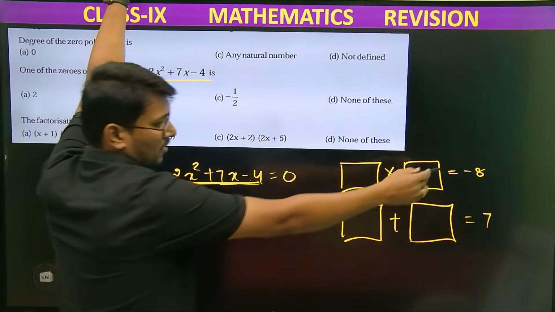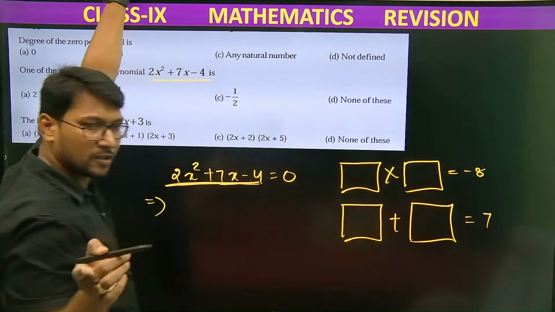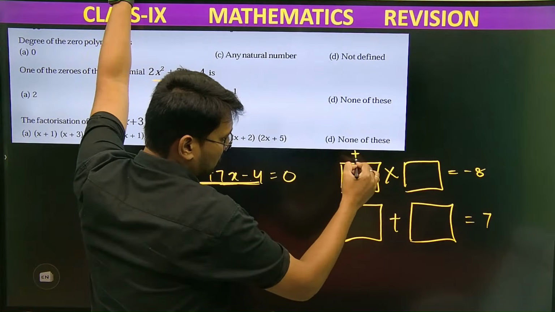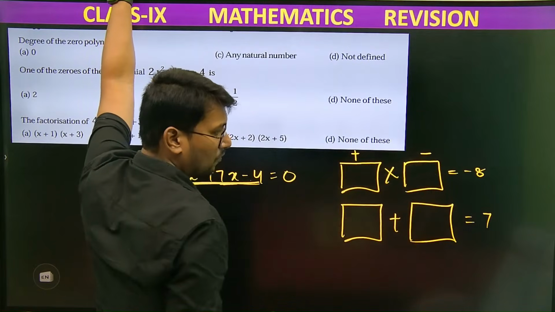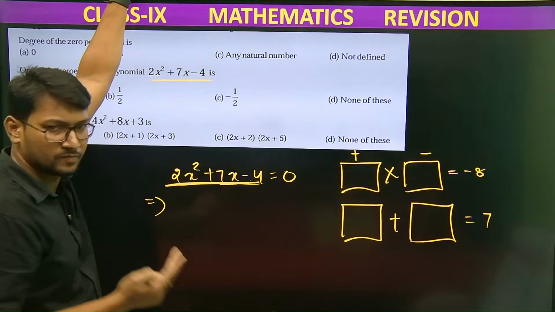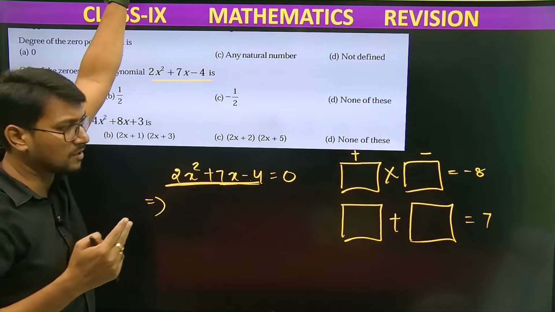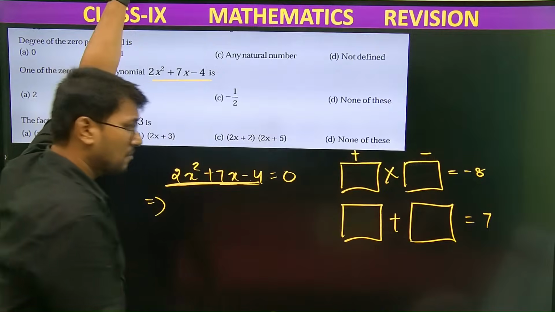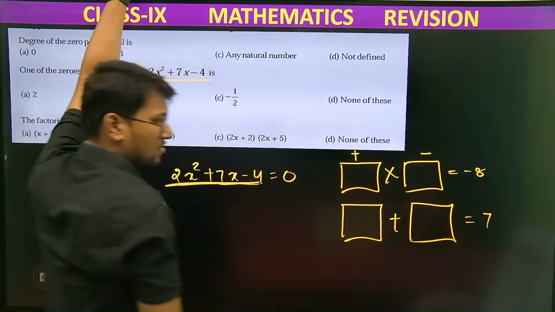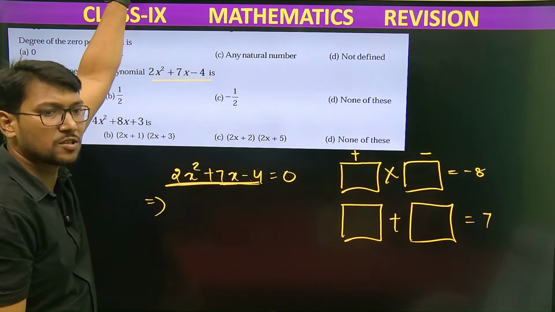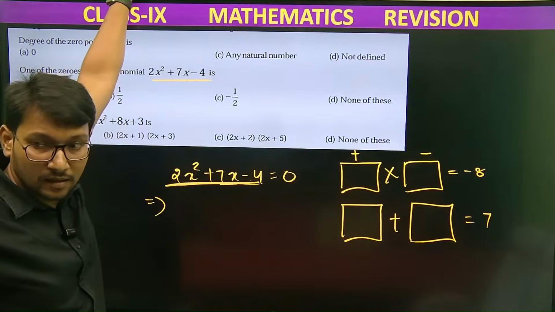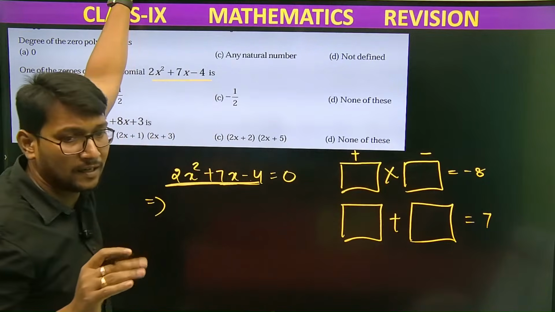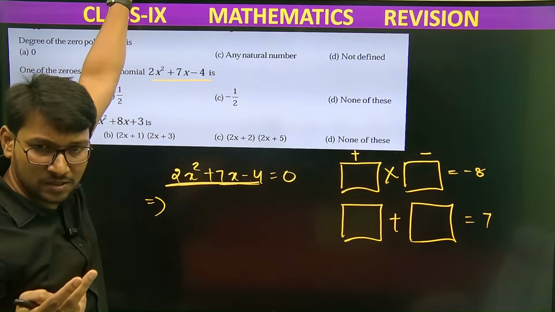So how will you find them? First check from the product. When the product of two numbers is negative, one is definitely positive and the other is definitely negative. But the sum is plus. When two different numbers are to be found, one must be greater and the other smaller.